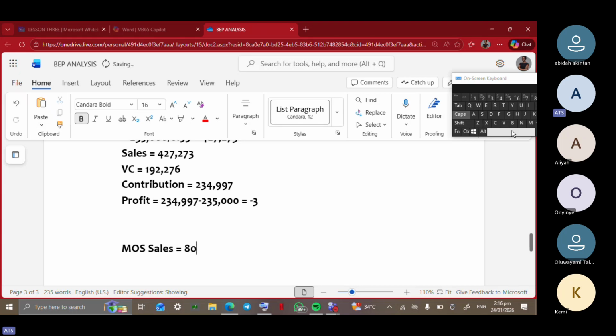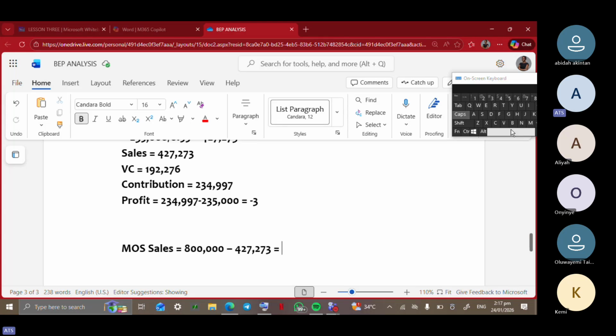For sales, we are currently selling 800,000 naira, but if we sell 427,273, we'll break even. So how safe are we from that break even? How far away are we from making a loss? That's what we want to see.